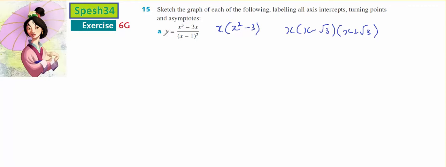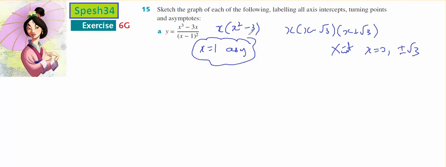Therefore, when y is equal to 0, I have 3 x-intercepts. So x-intercepts at x equals 0 and plus or minus root 3. And when the denominator is equal to 0, x equals 1. But because the denominator can never equal 0, that gives me a vertical asymptote at x equals 1.